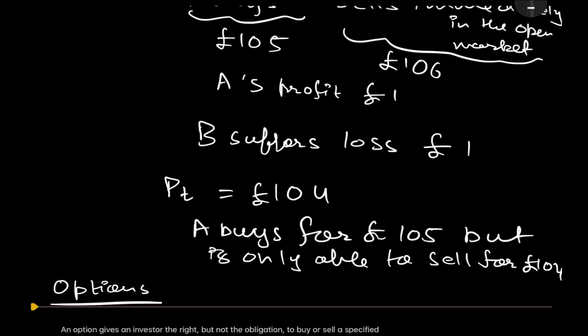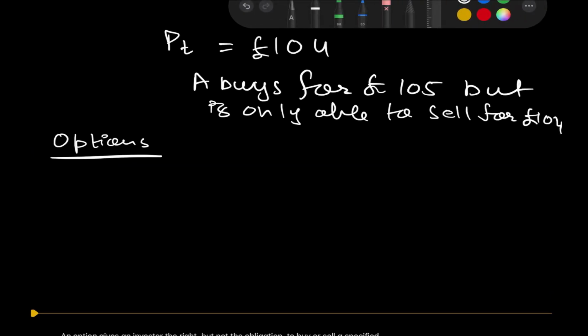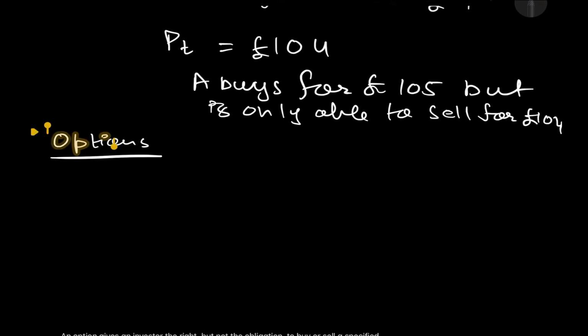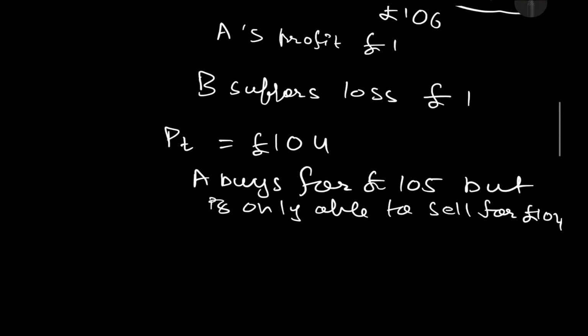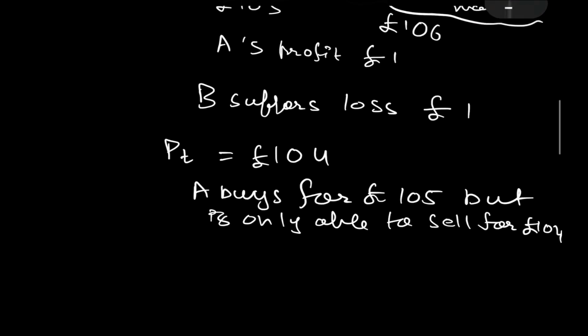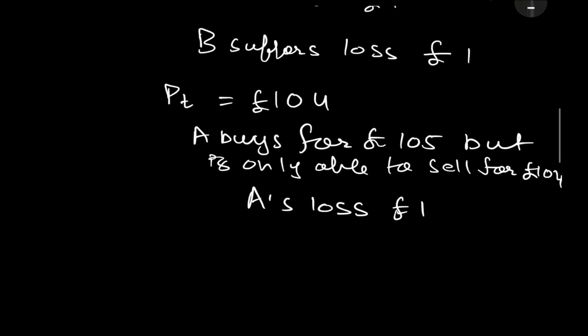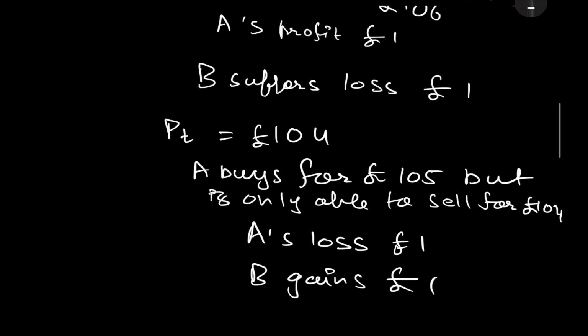No one in the open market would buy it for 105 now. But A is bound by the contract itself. So A buys it for 105 and sells it for 104, and thus A's loss is equal to £1. Similarly, B will have a gain of £1, because B basically can just buy it from the open market for 104 and sell it to A for 105 and make £1. So this is the idea.